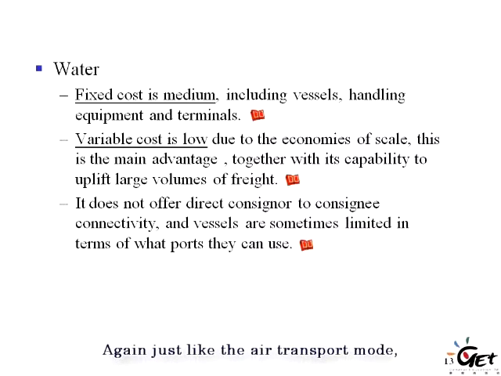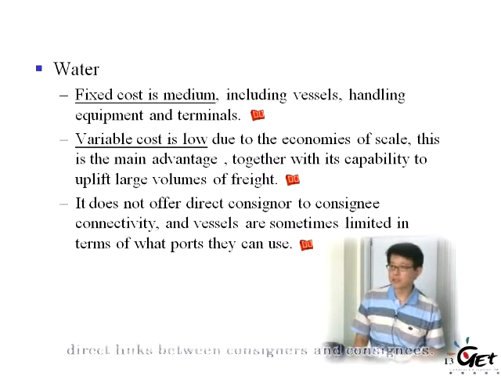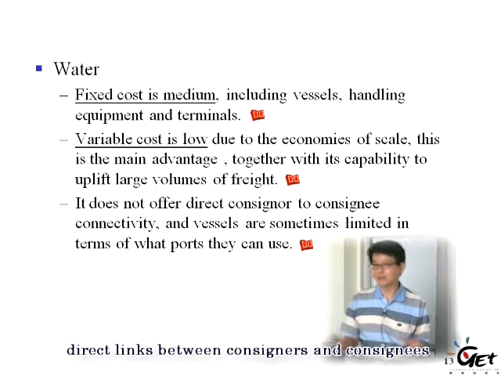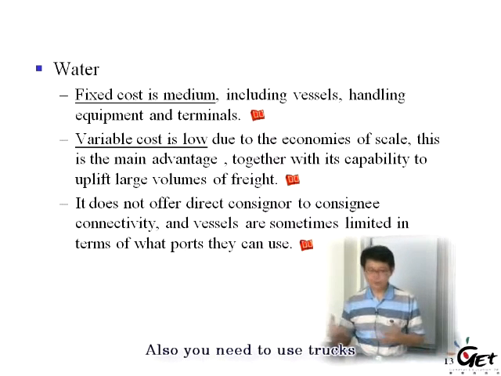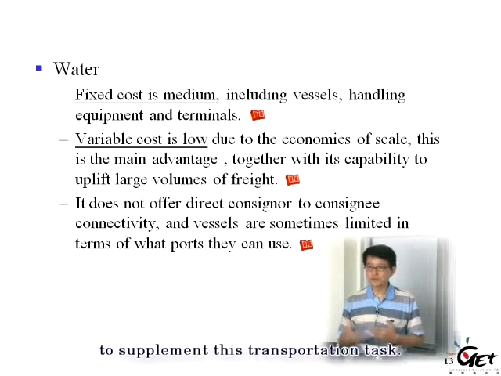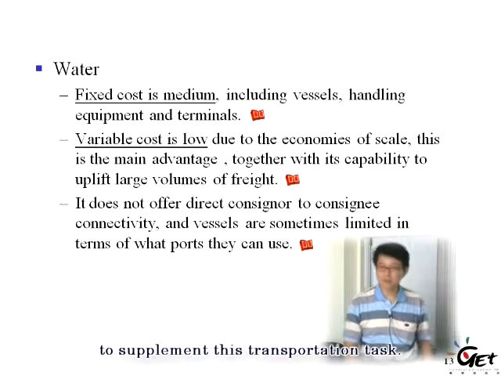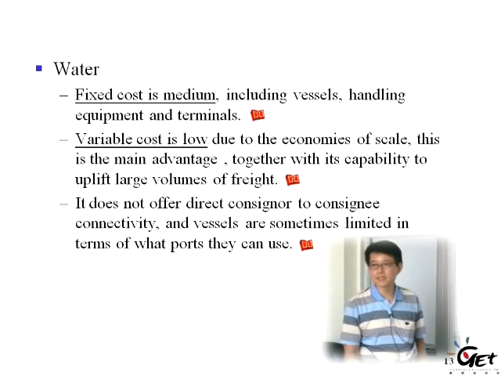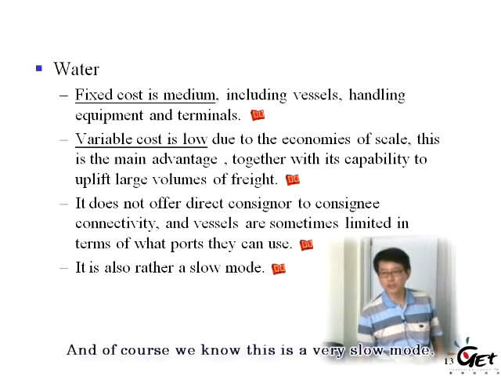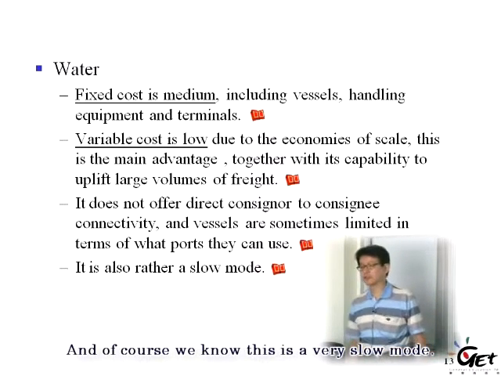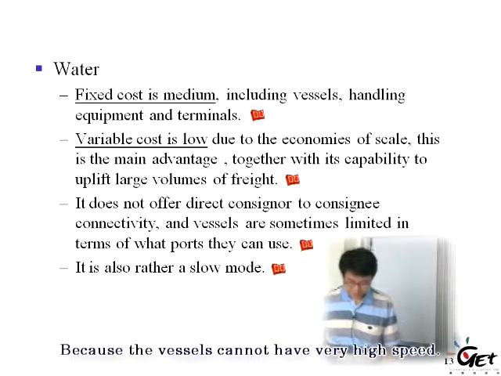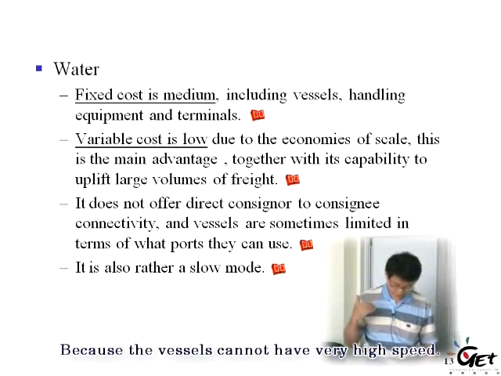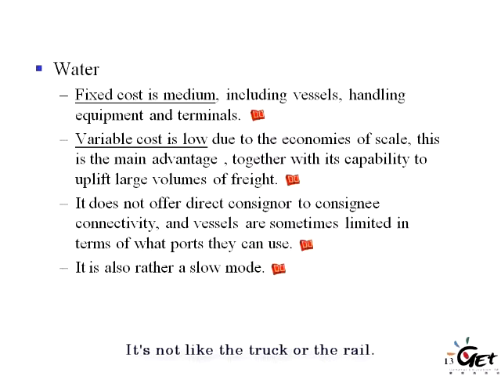Again, just like the air transport mode, this transport mode does not provide direct links between consignors and consignees. You need to use trucks to supplement the transportation task. And of course we all know this is a very slow mode, because the vessel cannot have very high speed. It is not like the truck or the rail, or the airplane.